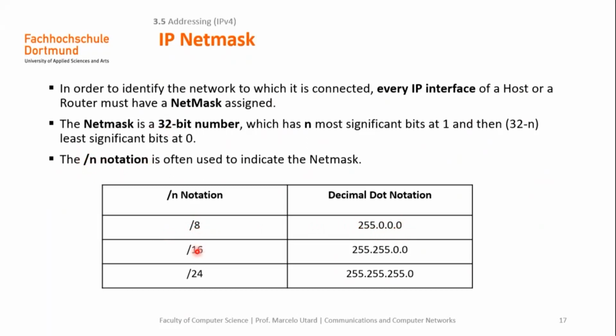Or, for instance, this is the netmask that has 16 most significant bits in 1. That is the notation used in decimal dot notation: 255.255.0.0 is a /16, or a /24 and so on.